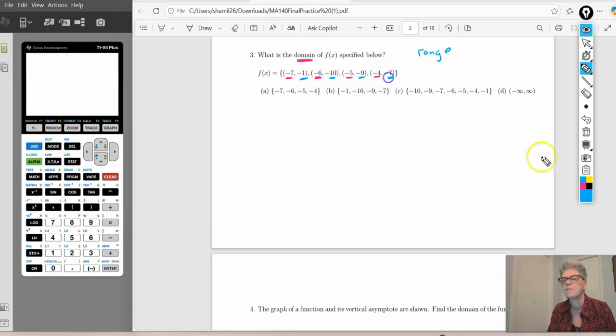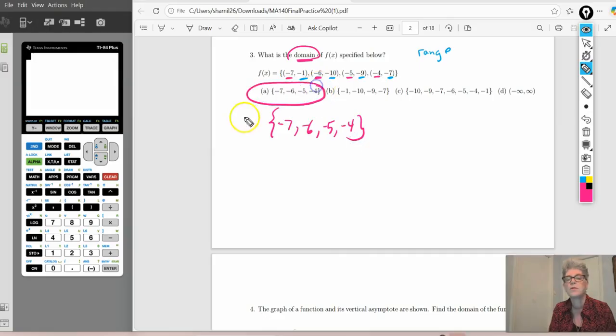All right, so I'll answer both of those. The domain, which is what we're being asked for, is going to be the set containing -7, -6, -5, and -4. So the answer to the question that was asked here was A, but you could have just as easily had asked what is the range, and the range would have been that set. Okay, which would have been that one.